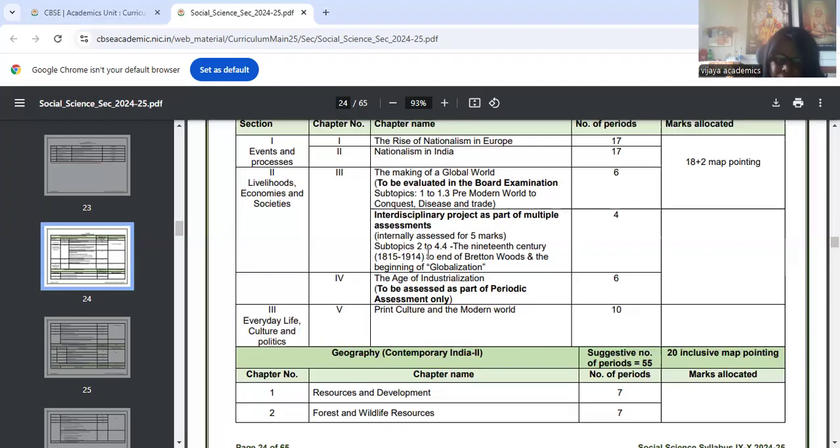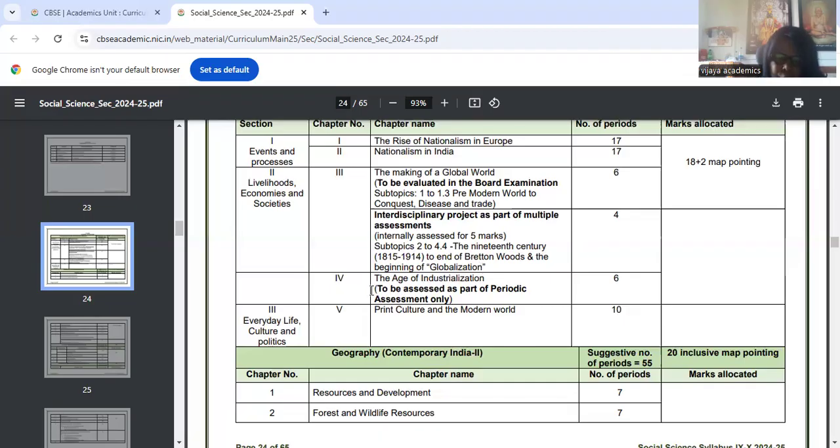Then subtopics 2 to 4.4, the 19th century to the end of Bretton Woods and the beginning of globalization. All these will be part of multiple assessment, and for this, 4 periods are allotted.